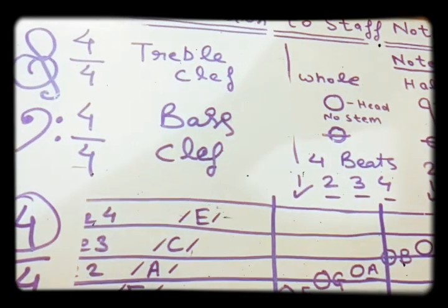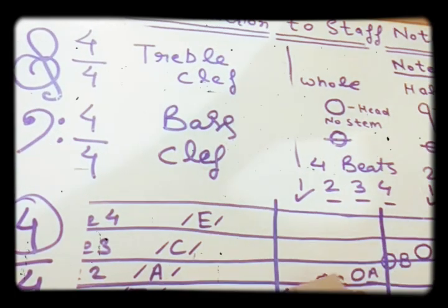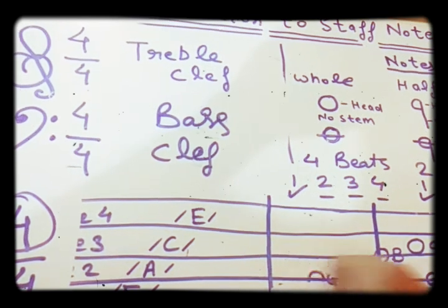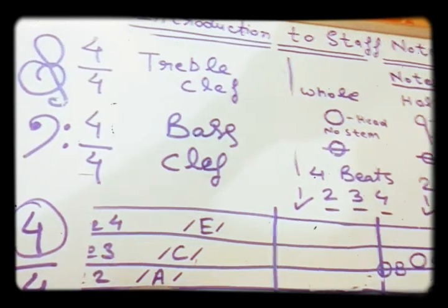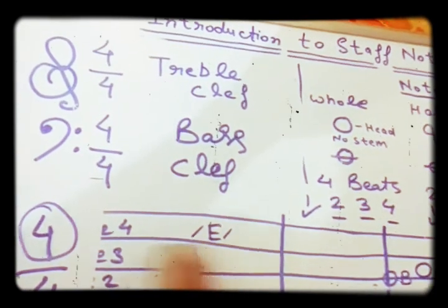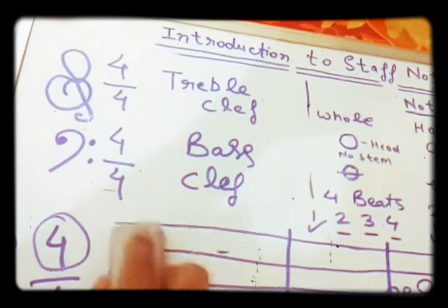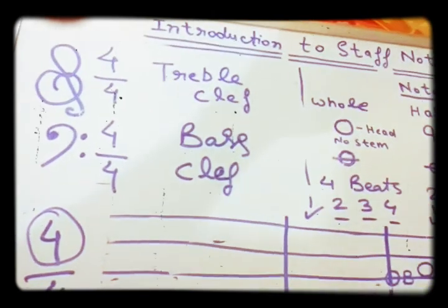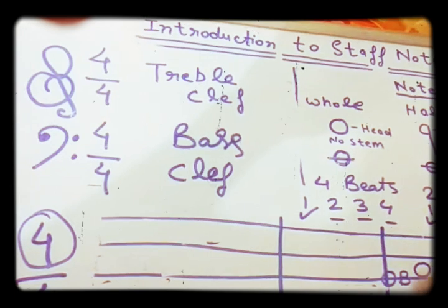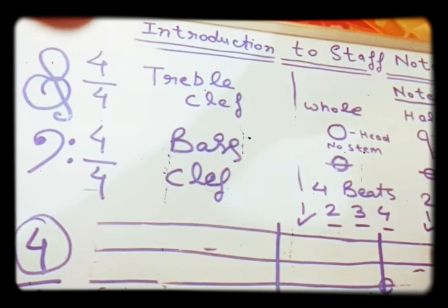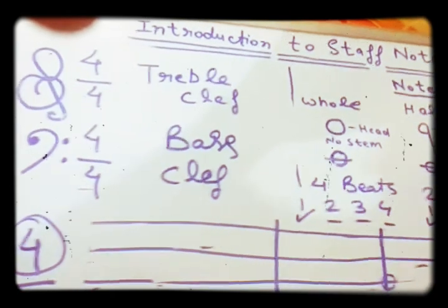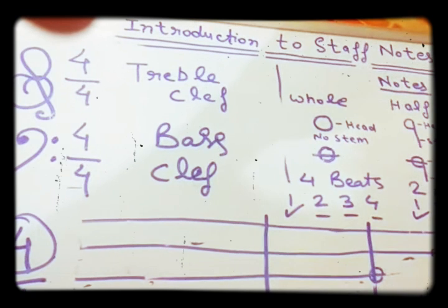I'm simply removing the notes which I put earlier. We'll discuss them further in some other video. As of now, we don't need them, so I'm just removing them. What we need is to discuss how we can put the notes in time.